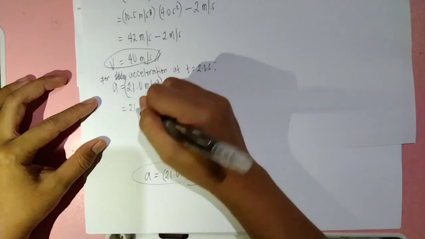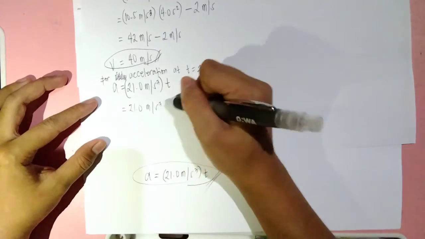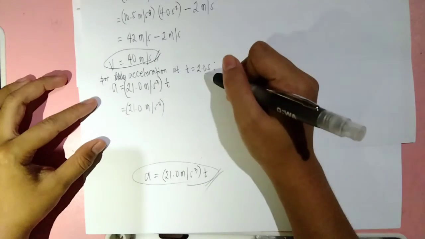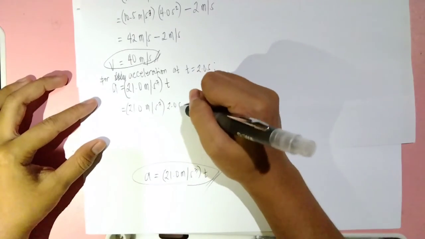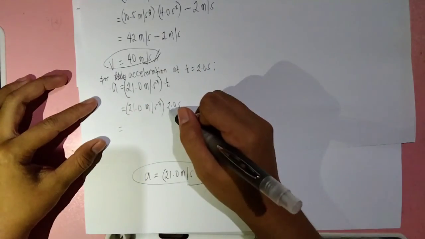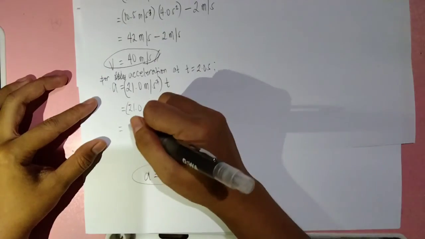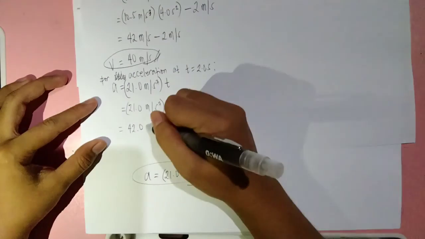Okay, so 21.0 meters per second cube times, simply substitute 2.0 seconds. 21 times 2 is 42.